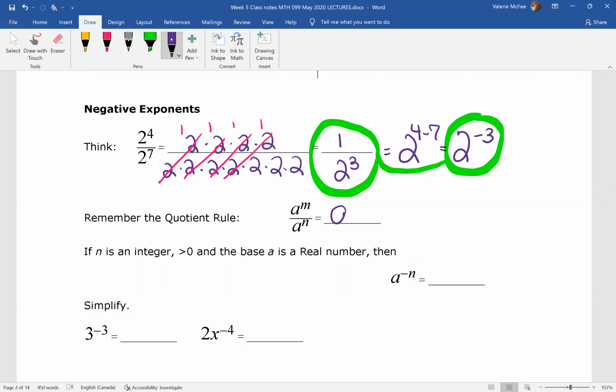So we have that rule that tells us keep the base and subtract the exponents, but we can also see that that negative exponent moved 2 to the power of 3 to the denominator. What it did not do is make our number negative. A negative exponent does not change the sign of the base.